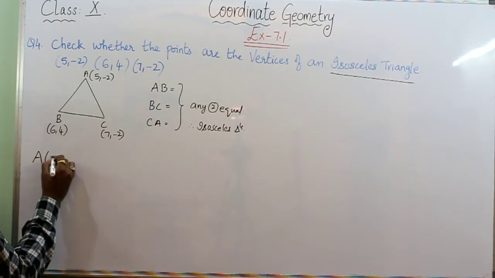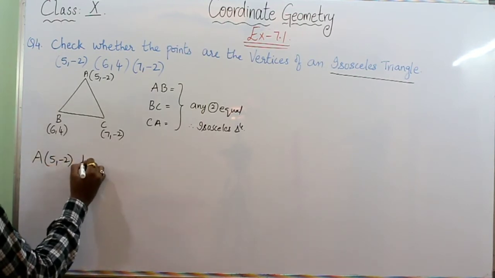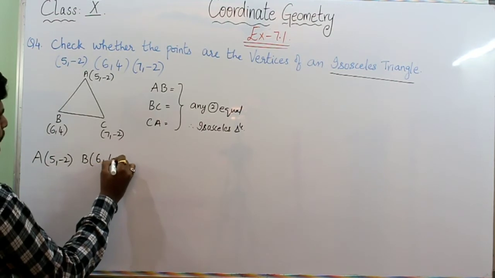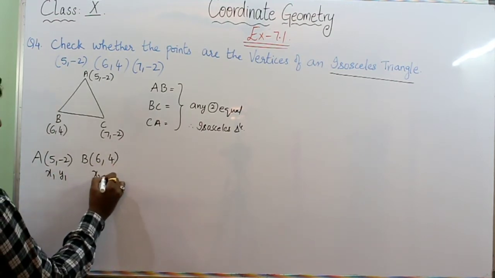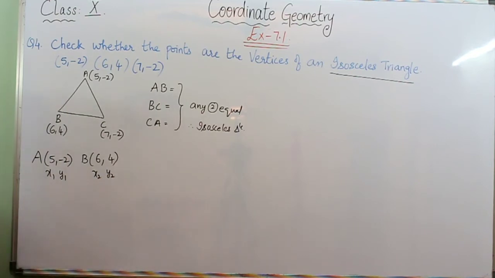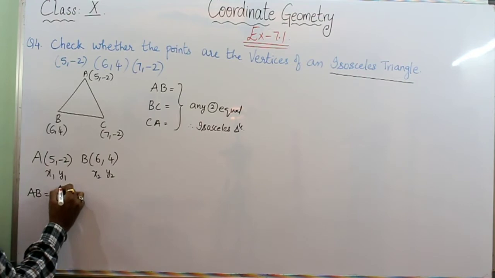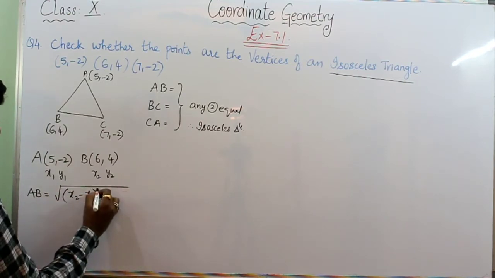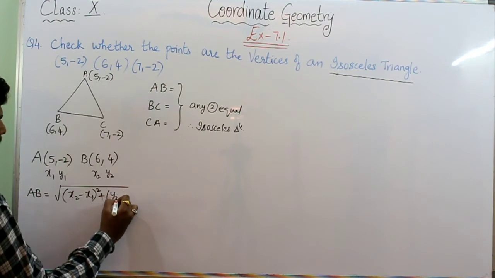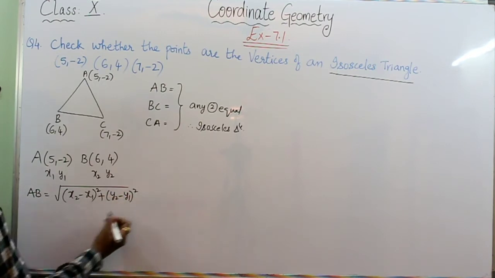A point is 5, -2 and B point is 6, 4. Let us name these points as x1, y1, x2, y2. Now the distance between them is given by AB equals square root of x2 minus x1 whole square plus y2 minus y1 whole square.